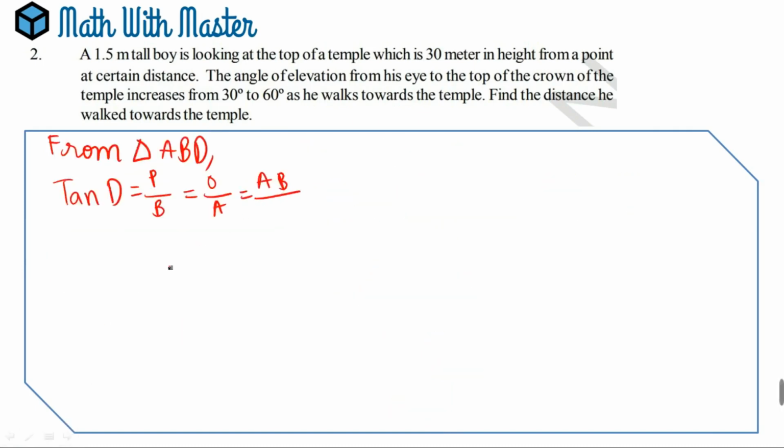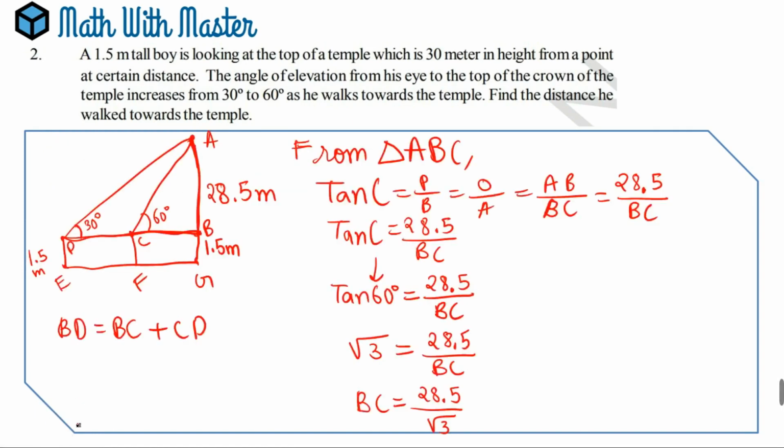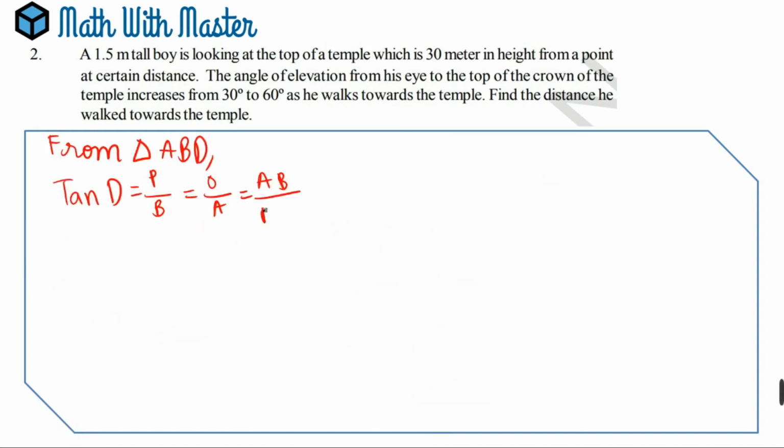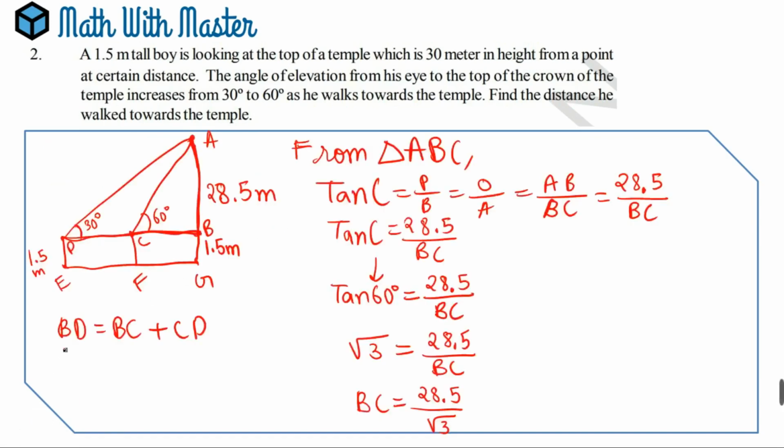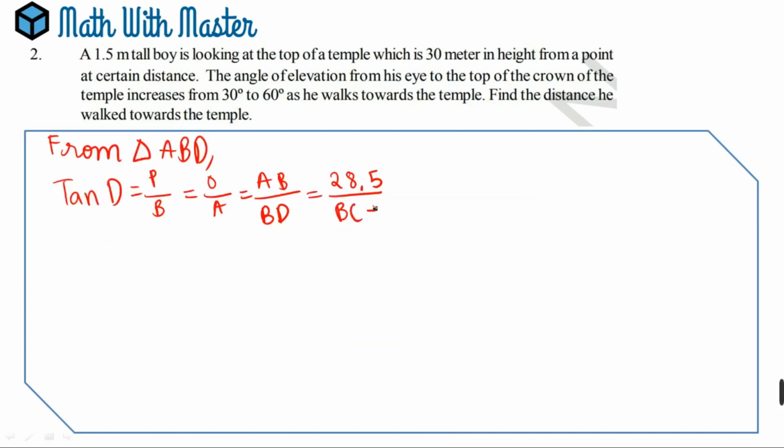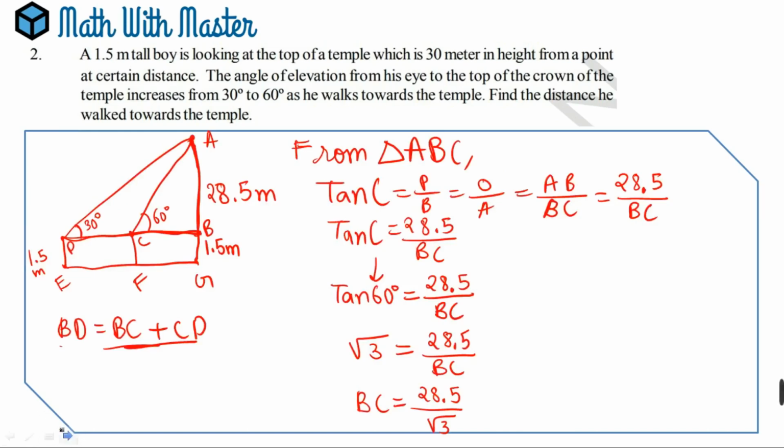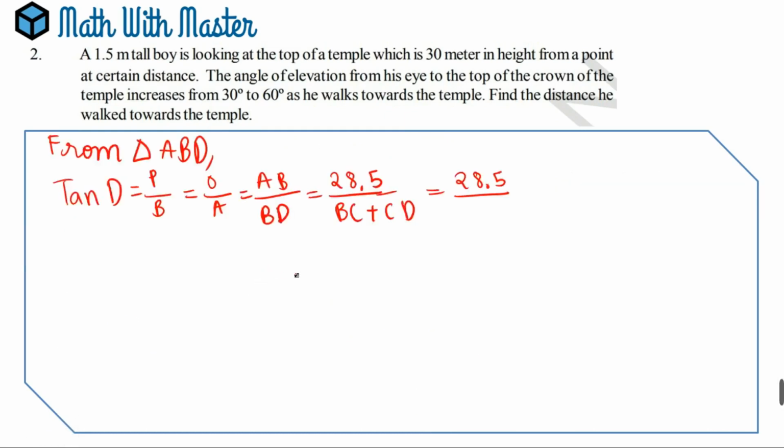This is AB upon what is adjacent here. Adjacent is BD. So the value of AB is 28.5, and instead of BD we can put this value BC plus CD. So this is BC plus CD, which is equals to 28.5 upon what is the value of BC? 28.5 upon root 3.